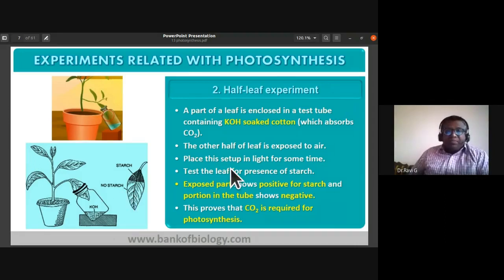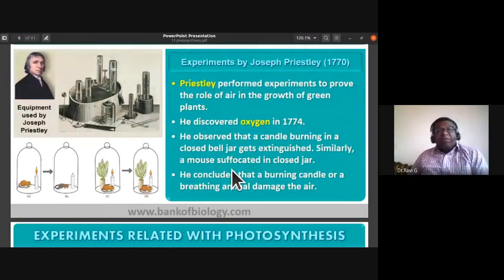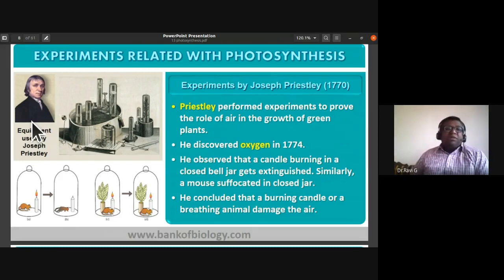Then come the experiments by Joseph Priestley, the person who discovered oxygen. That is how he showed that we all require one of the elements in the air for breathing. If it is present, we are alive, and if we do not have that, we are going to die.